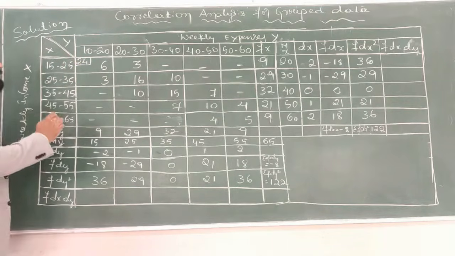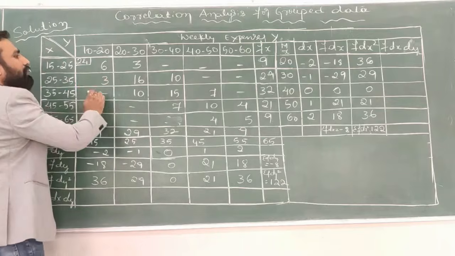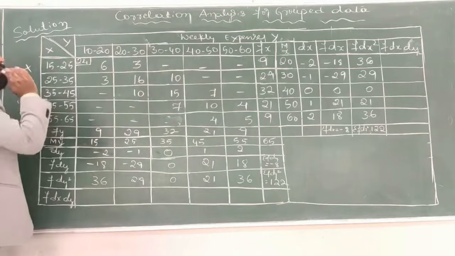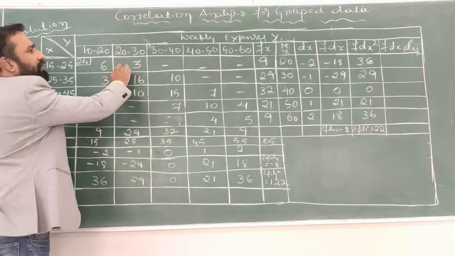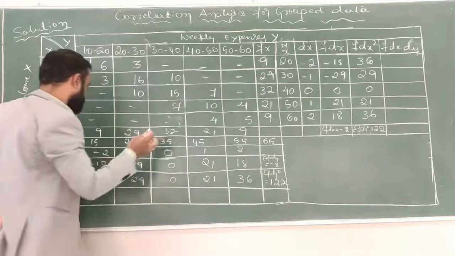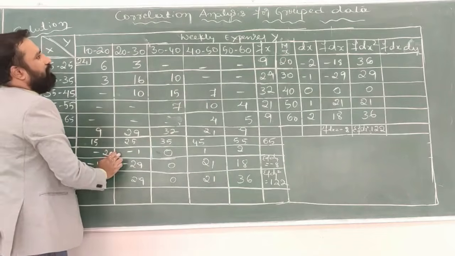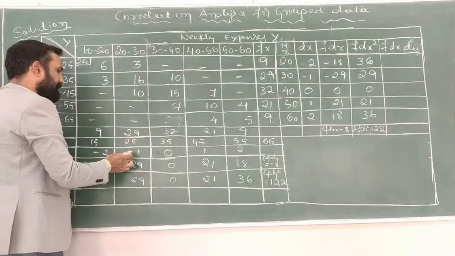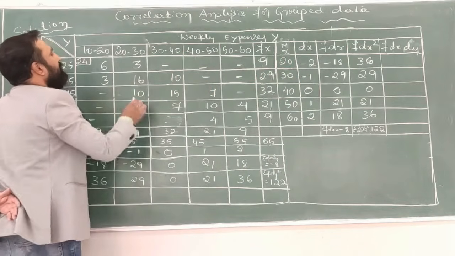The next, same as it is, we have to fill in all the frequencies available in this box. The next is 3: frequency 3 into dx, minus 2, and dy is minus 1, so 3 into minus 2 is minus 6, minus 6 into minus 1 is 6.